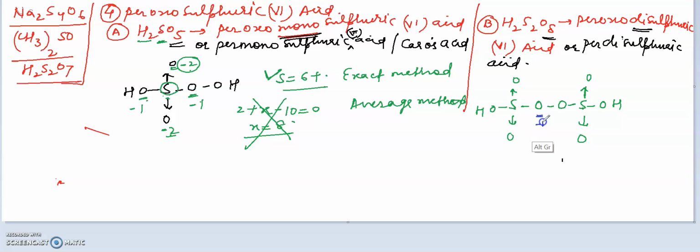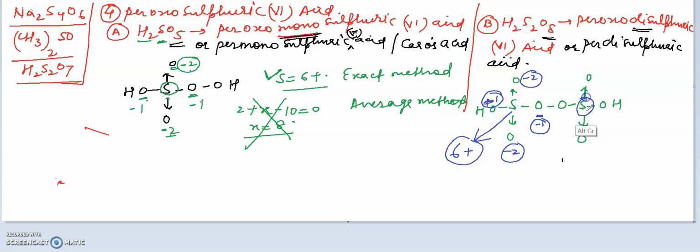Because of this oxygen, this will be +1, this is -1, this is -2, this is also -2, and this is -1. So this sulfur will be 6 plus, and this sulfur will also be 6 plus.